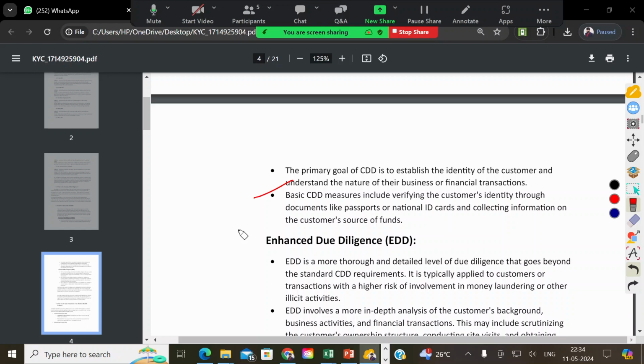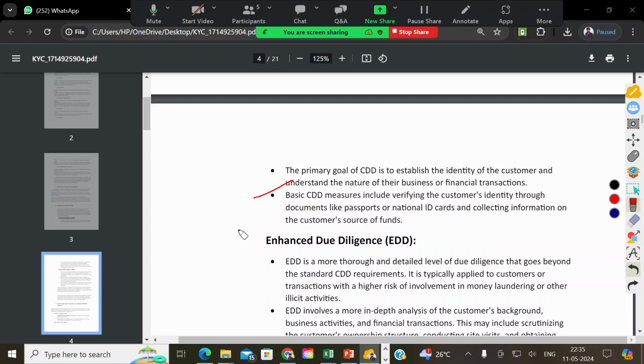Anyways, another point is the basic CDD measures include verifying the customer's identity through documents like passport or national ID cards, and collecting information on the customer's source of funds. So it's very crucial, guys, to provide source of funds. Let's say you have sold your property, agricultural property basically, and you have received 10 crores in your bank account. If you don't prove that you have sold property and that's why you have received 10 crores, then the government will put a sanction on your amounts.